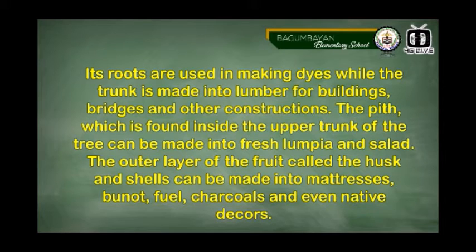The pith can be made into fresh lumpia and salad. The outer layer of the fruit, called the husk and the shells, can be made into mattresses, bunot, fuel, charcoals, and even native decors. Its leaves can be dried to make baskets, bags, and mats.